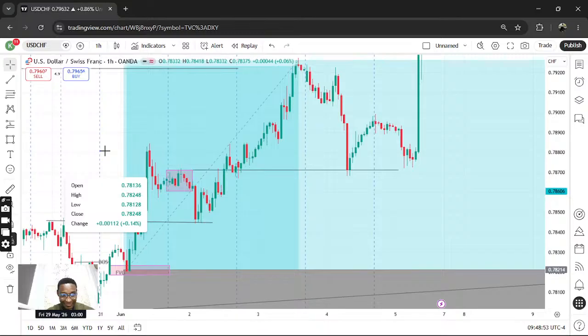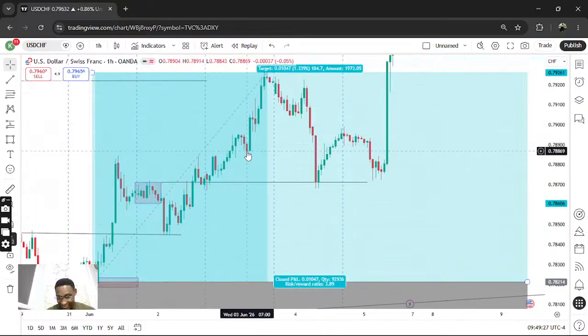On Wednesday, the same thing happened. On Wednesday, the market opened here. First of all, it moved down, and then at this particular point. But on Wednesday, the right time you would have traded it is the New York session. Because in the New York session, this is exactly 7 o'clock New York session.